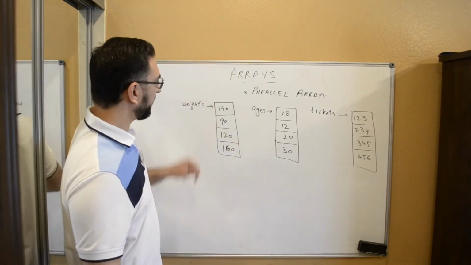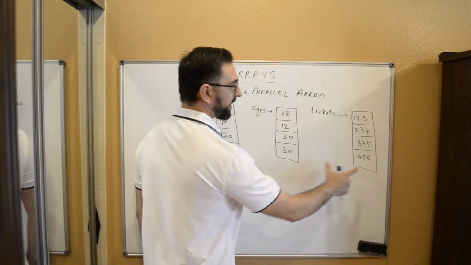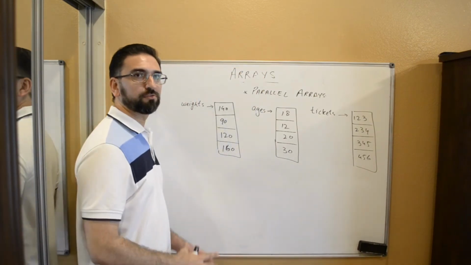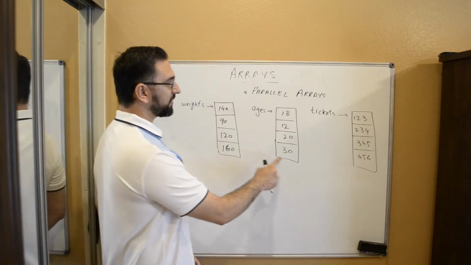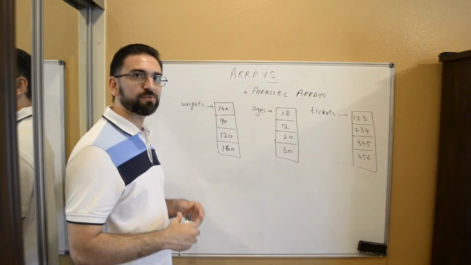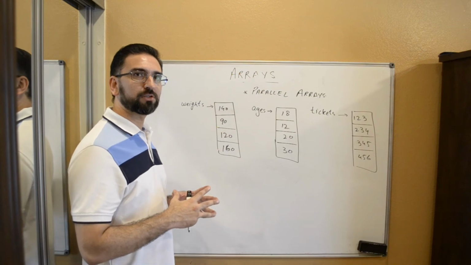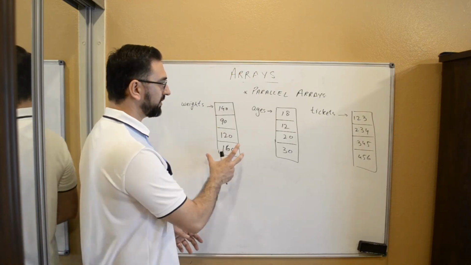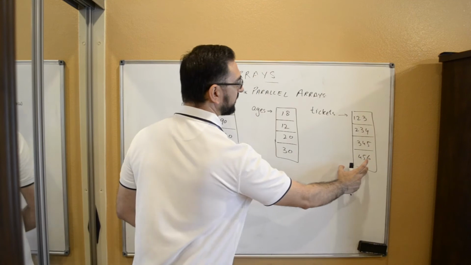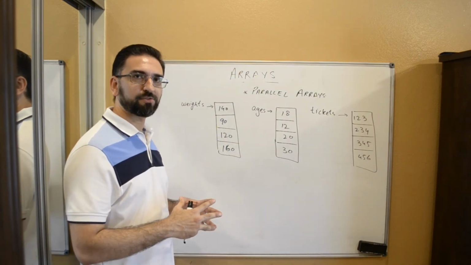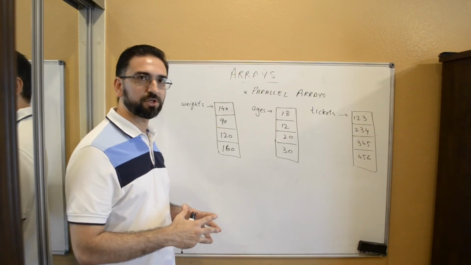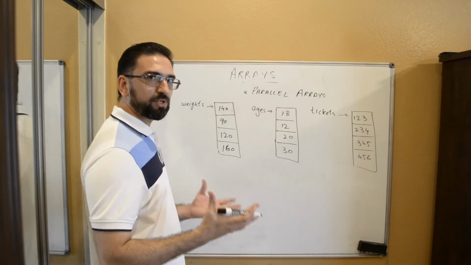So we have these three arrays to keep track of three different values for our ticketing system. These are called parallel arrays because we are trying to store related information in parallel arrays. Later on in our program, we can correlate this information and generate some reports or other processing that we want to do. So we can do that very easily.